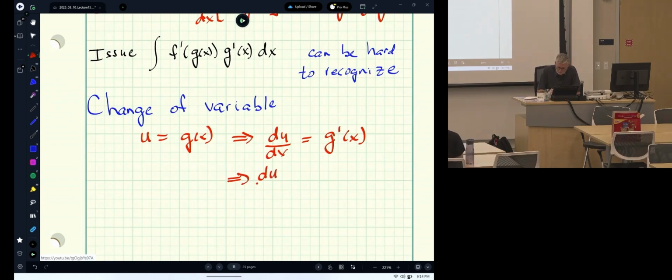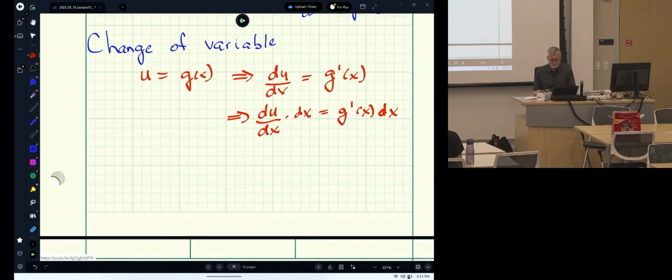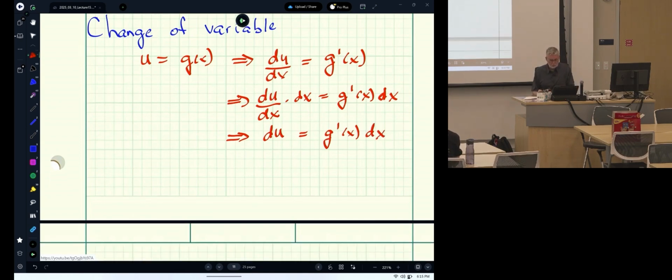Because if I do du dx times dx, that's just g prime of x dx. And you've learned what we do here. We cancel the dx's. So the differential in the u variable is equal to g prime of x dx. So that's really important.